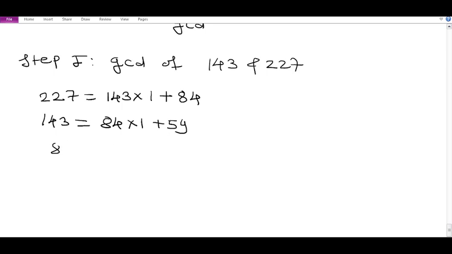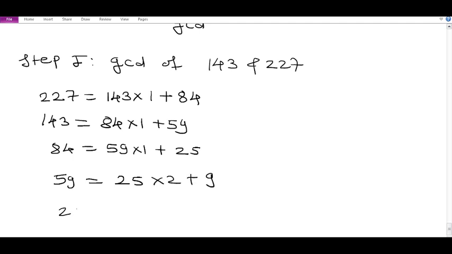And if we divide 84 by 59, the quotient is 1, remainder is 25. And if we divide 59 by 25, quotient is 2, remainder is 9. And if we divide 25 by 9, then the quotient will be 2 and remainder is 7.